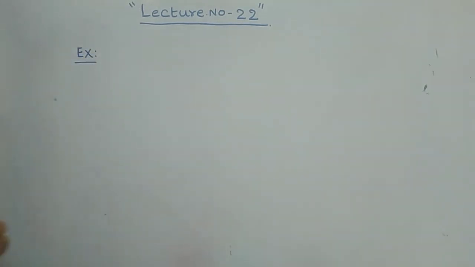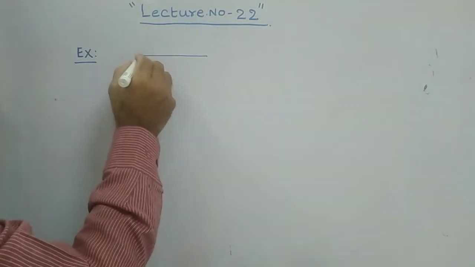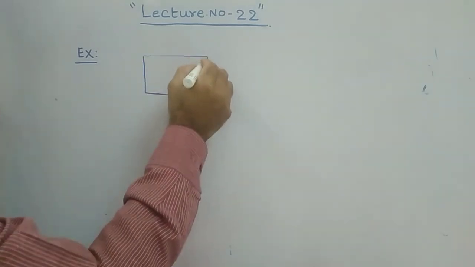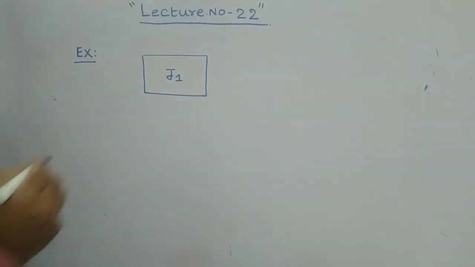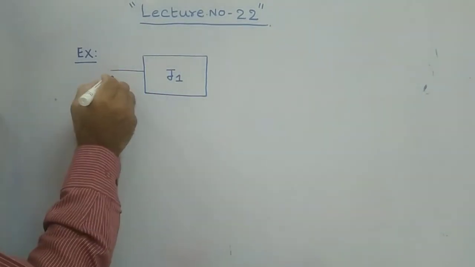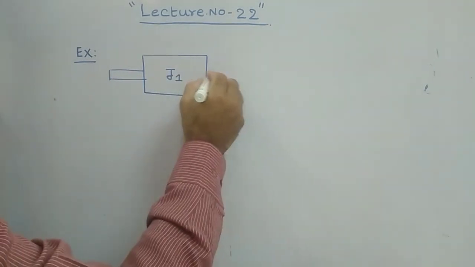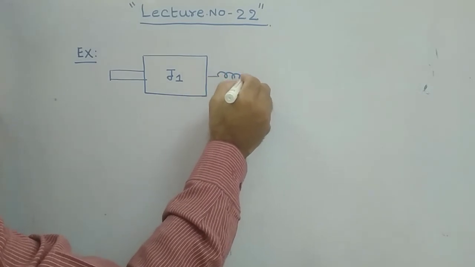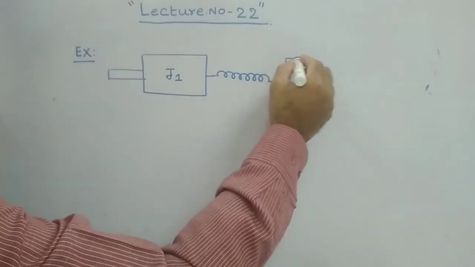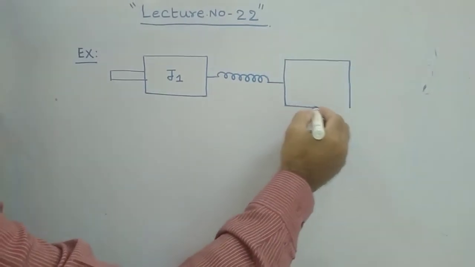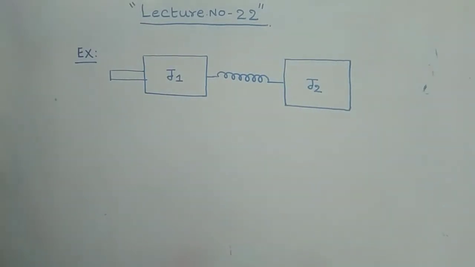Here this is the given system. This is J1, connected with some spring constant K to another mechanical body having moment of inertia J2.